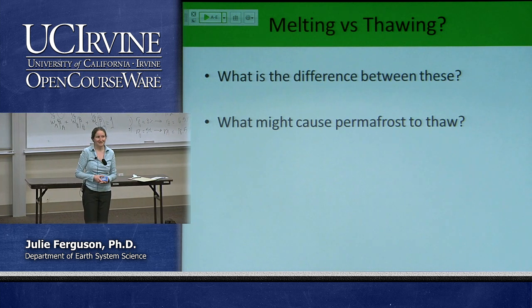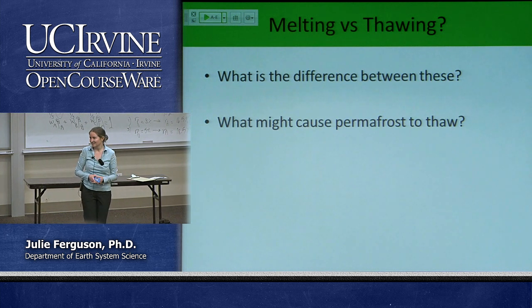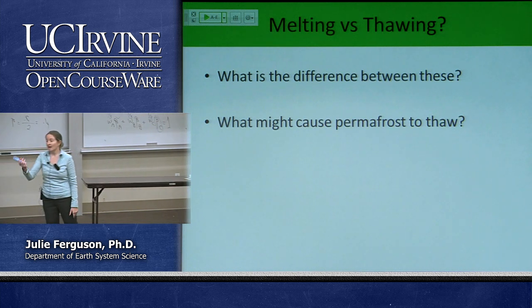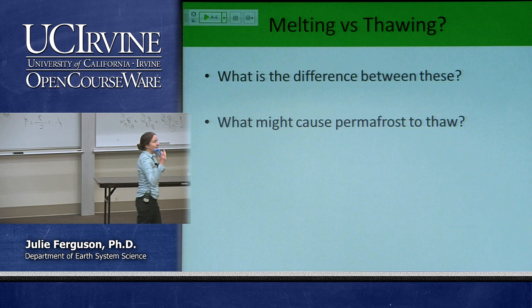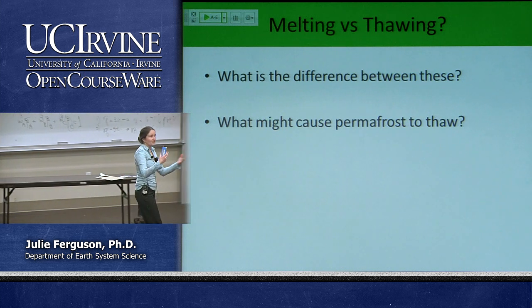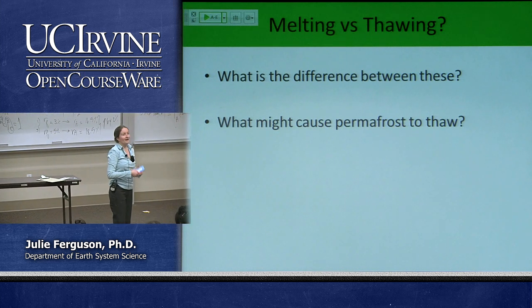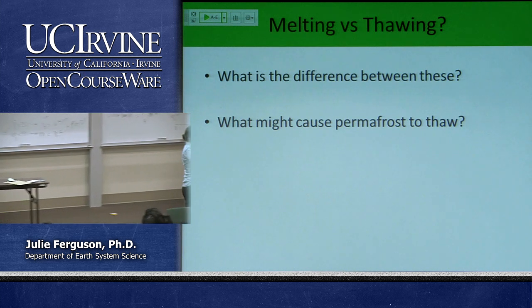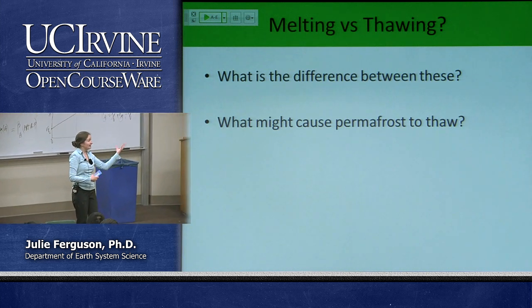Why do we use the different words? Sorry, say that again? Does the melting go to a full liquid? Absolutely. So you're absolutely right. In melting, we're changing from a solid to a liquid. Ideally, our turkey doesn't change from a solid to a liquid as we warm it up. It should stay a solid.